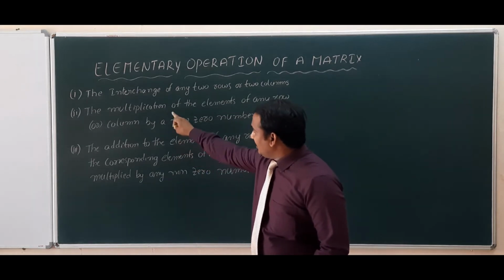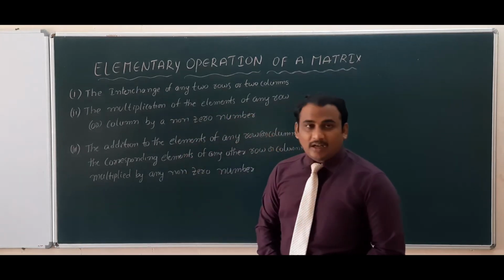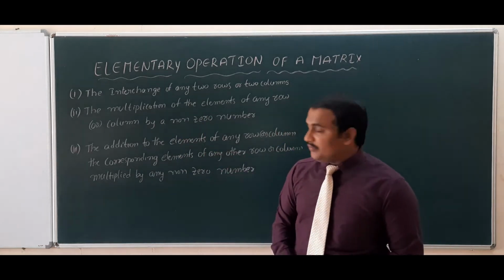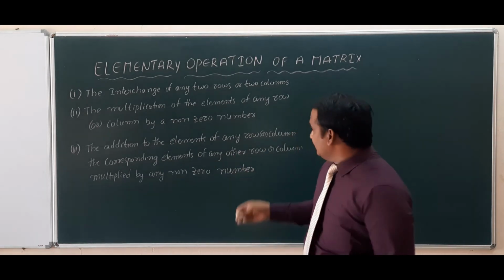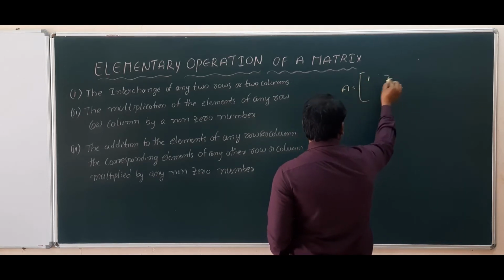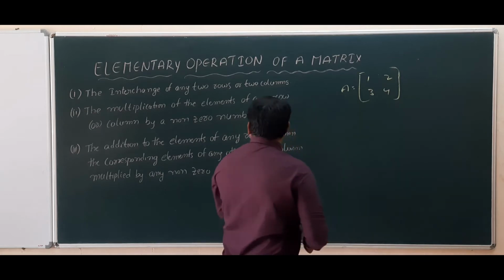Second point: the multiplication of the elements of any row or column by a non-zero number. Suppose the example is A equals 1, 2, 3, 4. Now I am applying the second condition.